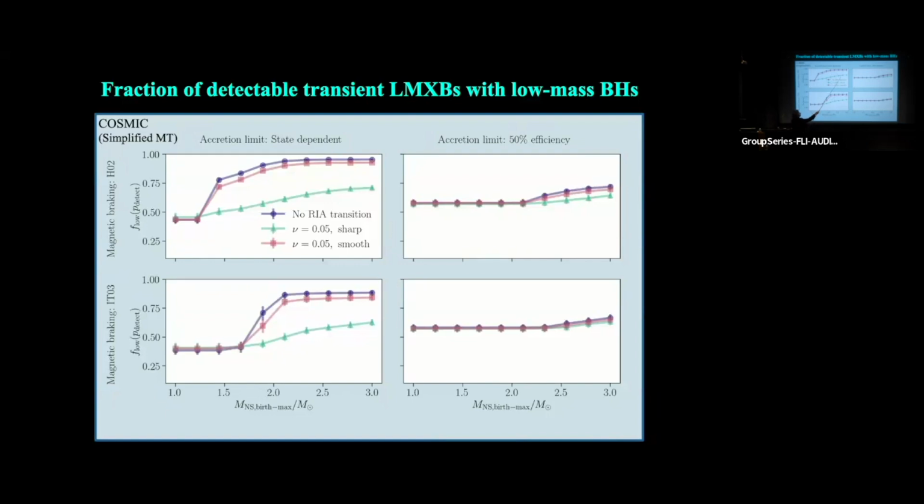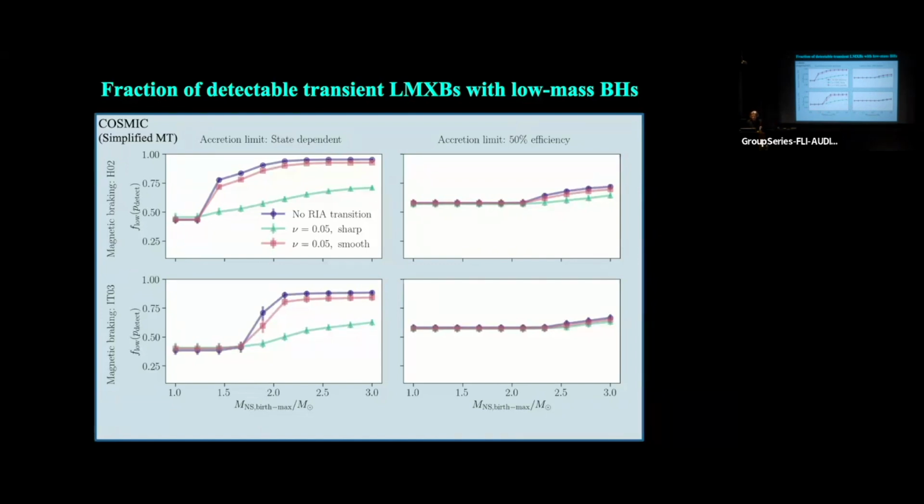Same up here, 100% if you have massive born neutron stars. 50%, 60%, 50%, 60%. Clearly not what we observe. We were doing this with a very popular population synthesis code called COSMIC.